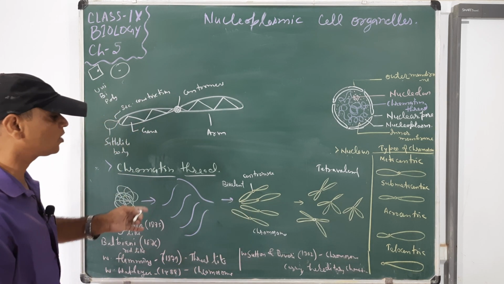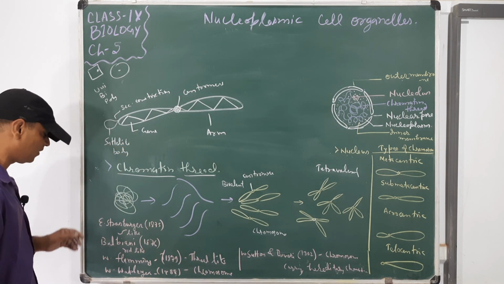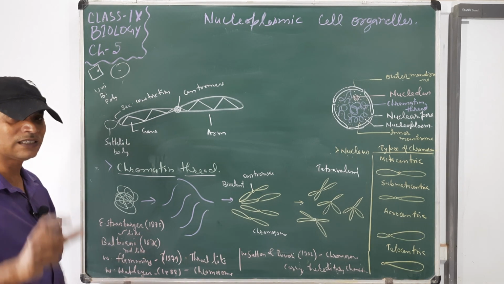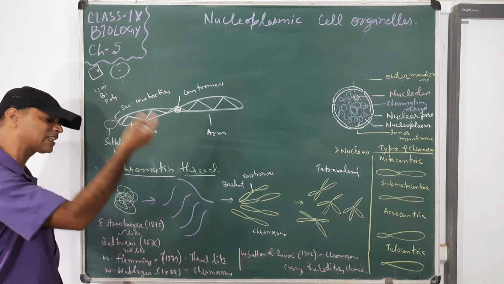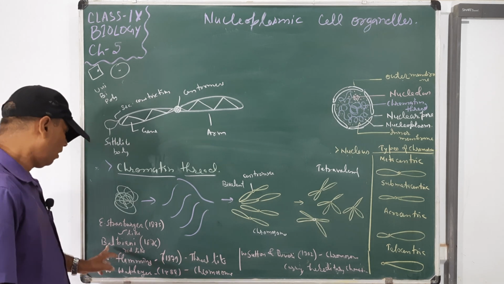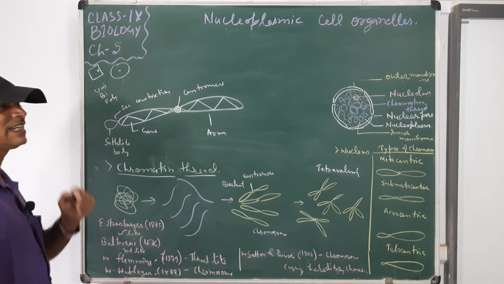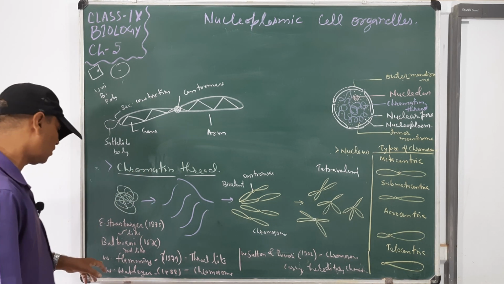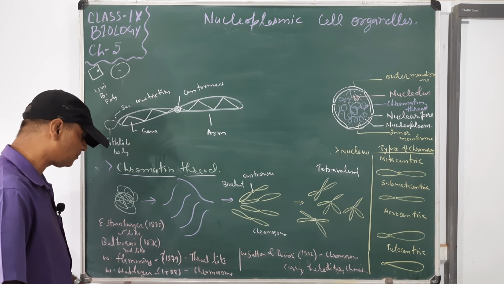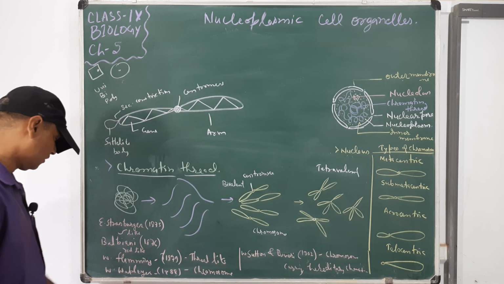This is the chromosome which is really required for carrying characters. So see how it was investigated. E. Strasburger in 1875 saw the chromosome and described a thread-like structure present in the center of the cell, that is the nucleus. Balbiani in 1876 said that a rod-like structure is present in the nucleus. They did not use the name chromosome. W. Fleming in 1879 also described a thread-like structure inside the nucleus.